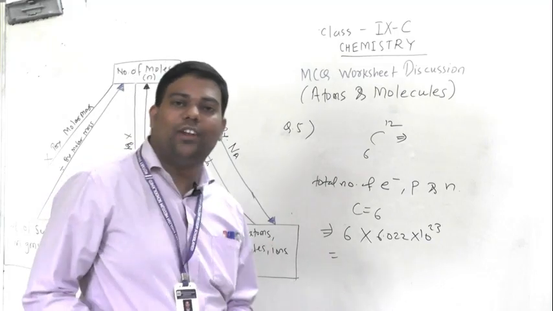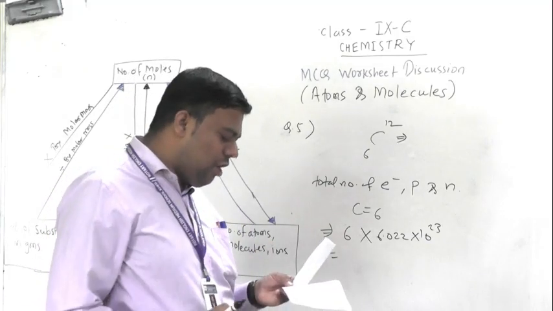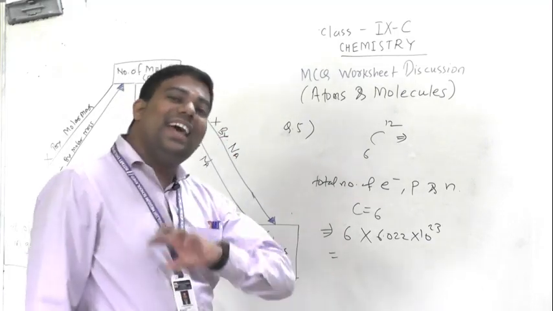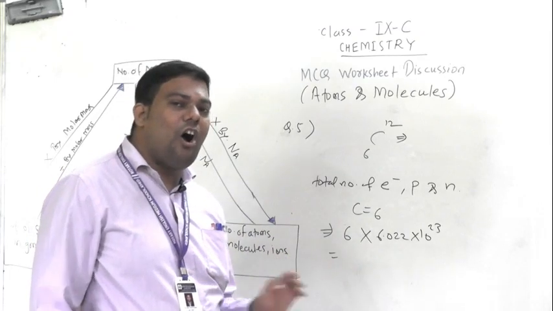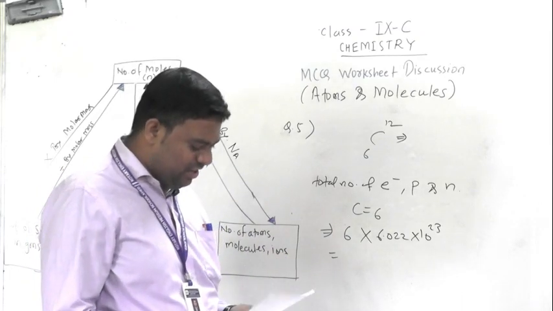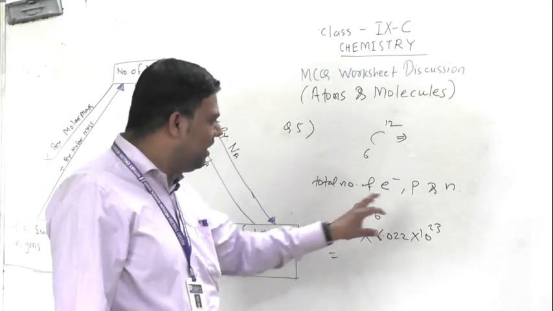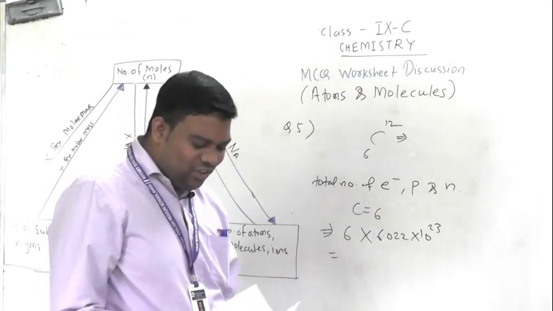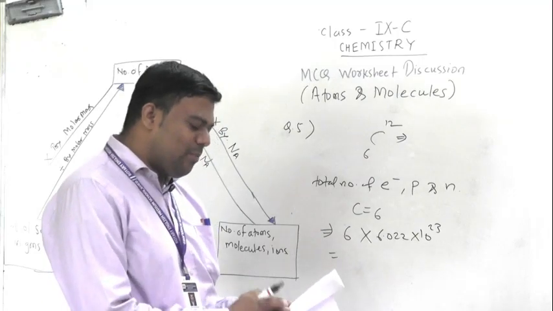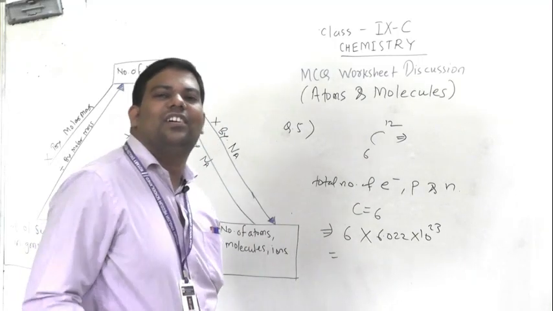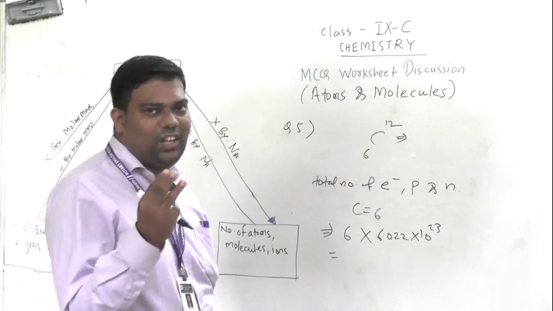But here one more calculation you have to do. There are 3 quantities here: electron, proton and neutron. They want the total number of protons, electrons and neutrons, so there are 3 quantities.